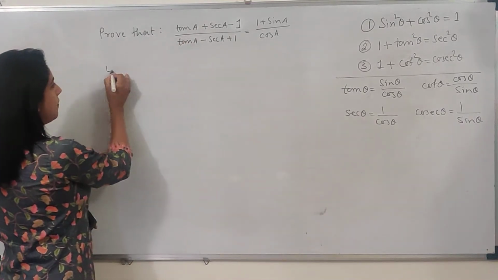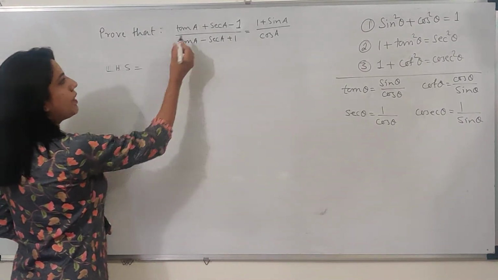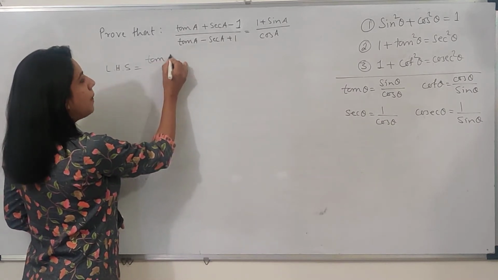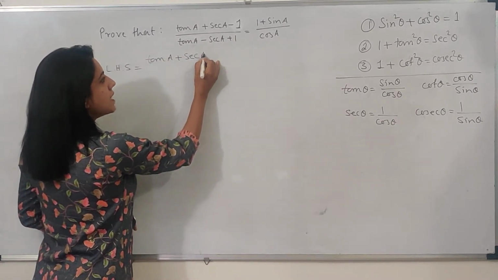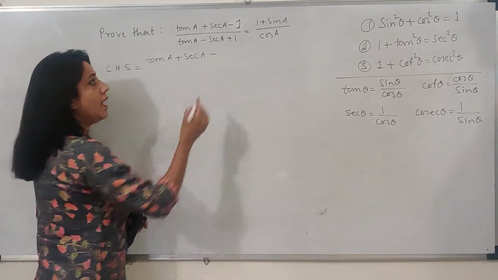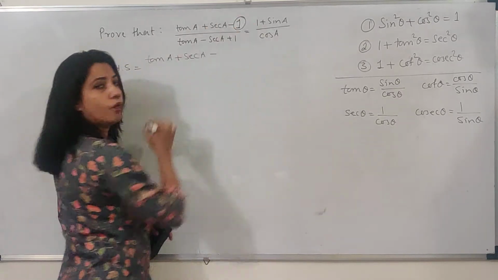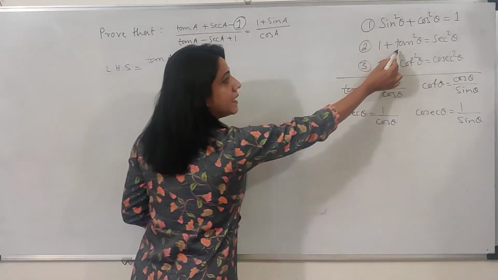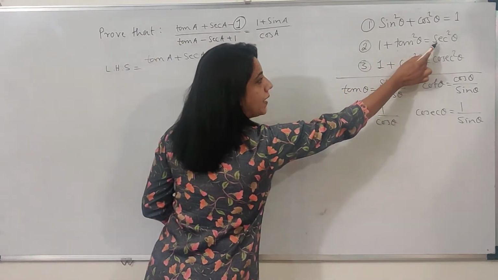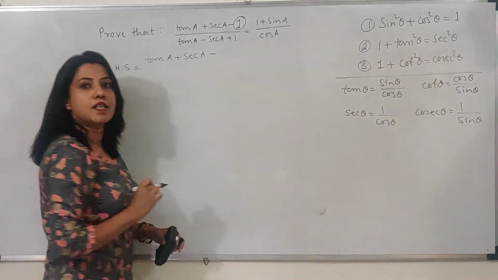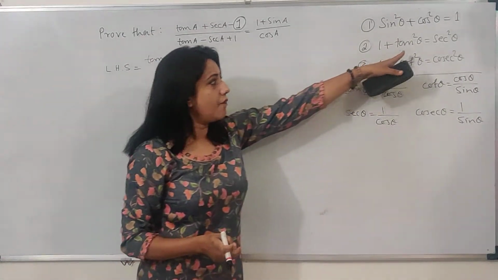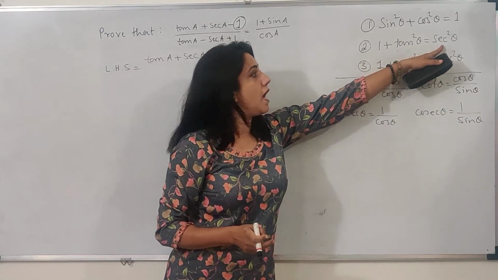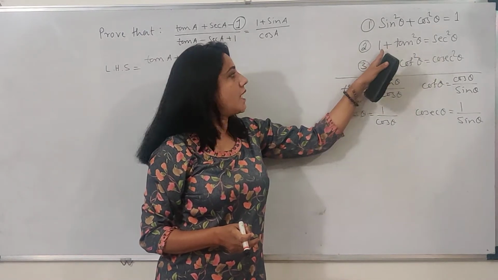We will take the left hand side and we will write down tan A plus sec A as it is. Then there is a minus sign. Now in place of this 1, we are going to use the second identity, that is sec square theta minus tan square theta is equal to 1. We can even say from here sec square theta minus tan square theta is equal to 1.